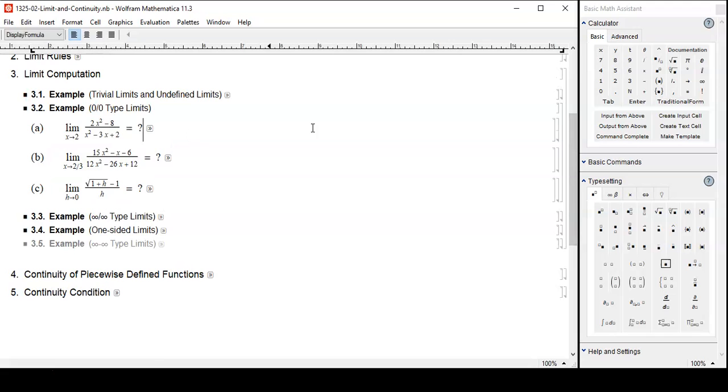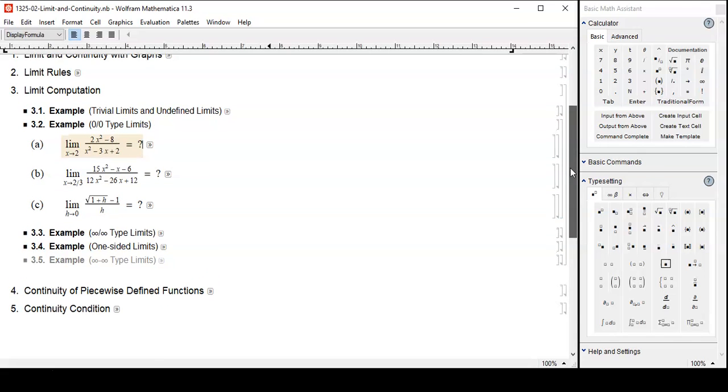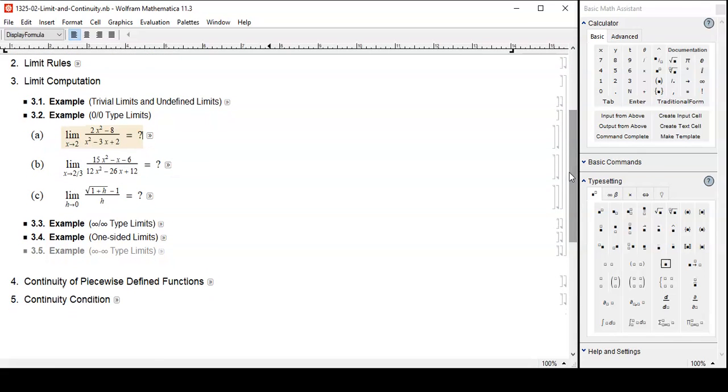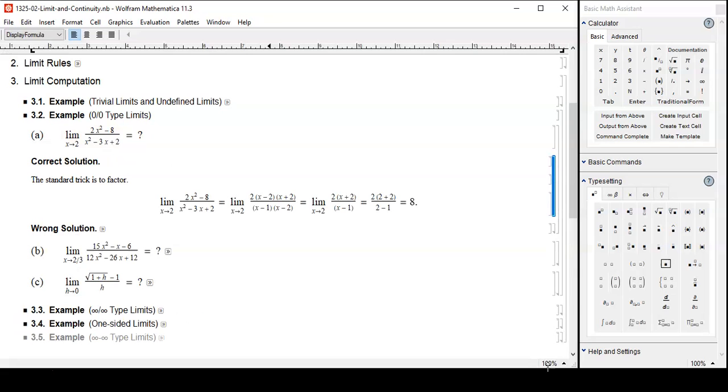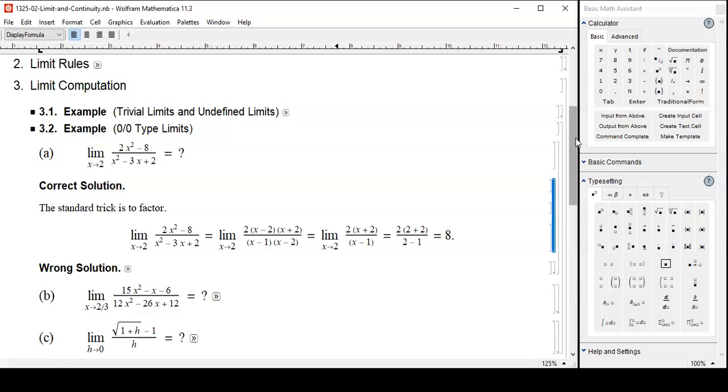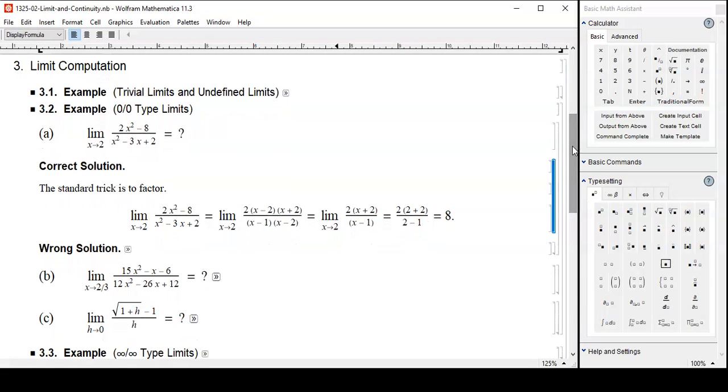First, a 0 over 0 type limit. Typical technique here is to factor the numerator and denominator. Factor those, and you'll see a common factor.